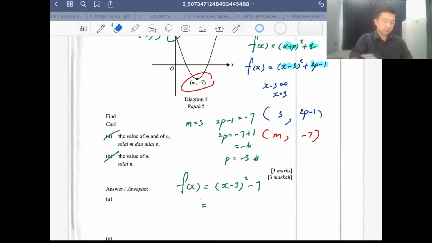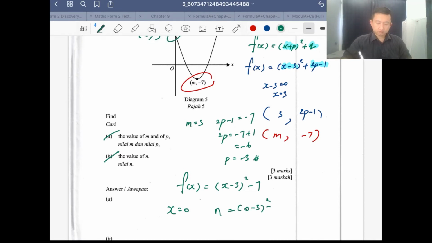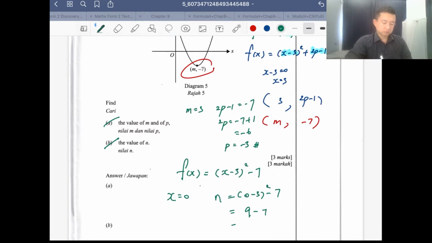When x equals 0, at the y-intercept, n equals y. You have n equals 2, right? N equals 2. Okay.